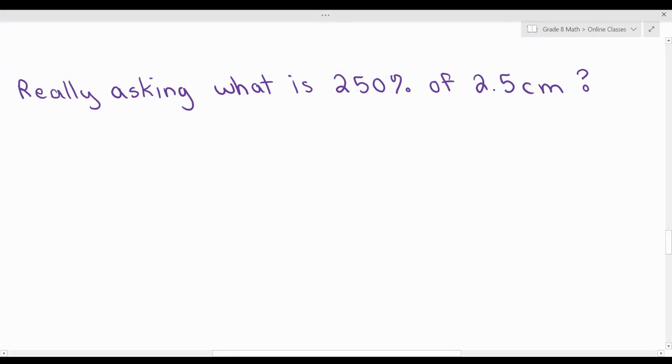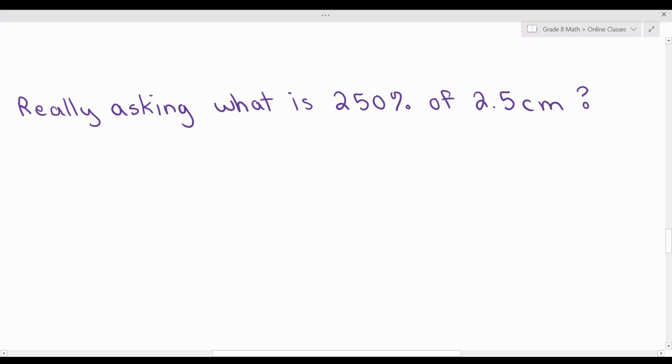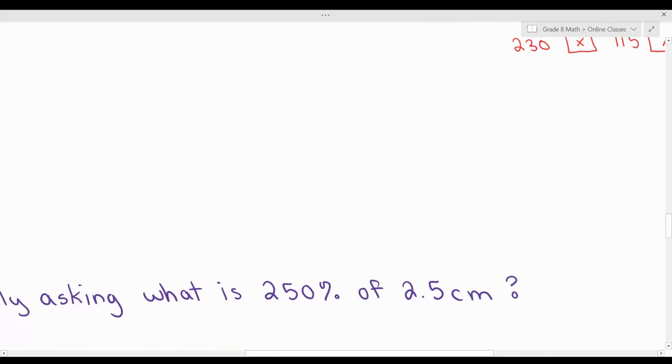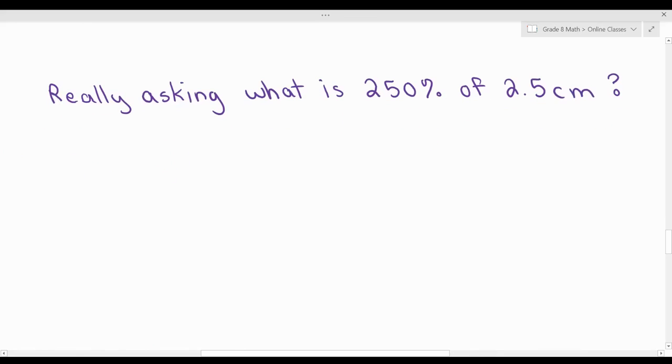All right, so again, your two options above: you could change to decimal first or just use your percent button. So maybe as review, I'll show you both ways again. Option one. If I change to a decimal first, I would go 250 divided by 100, which is 2.5.